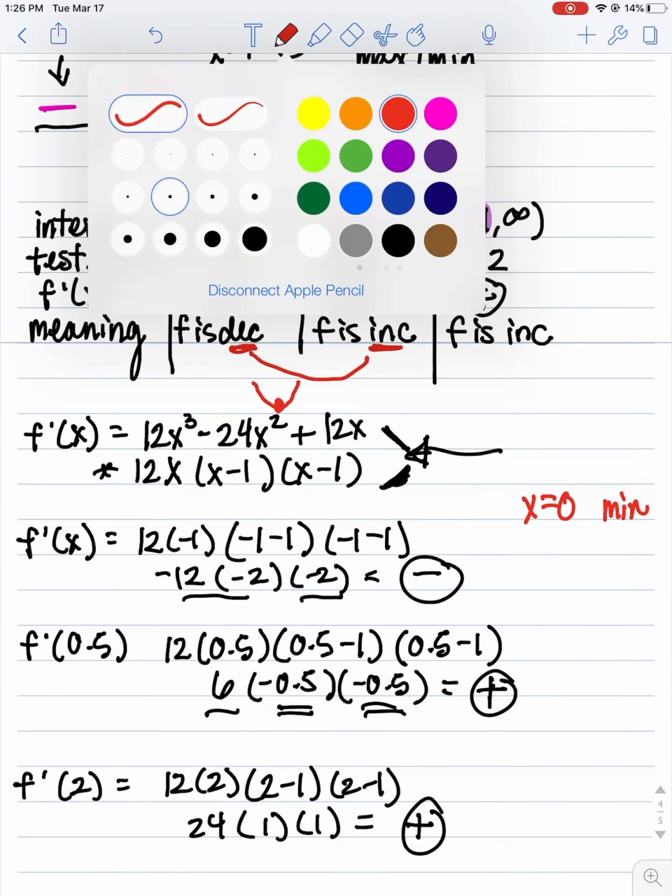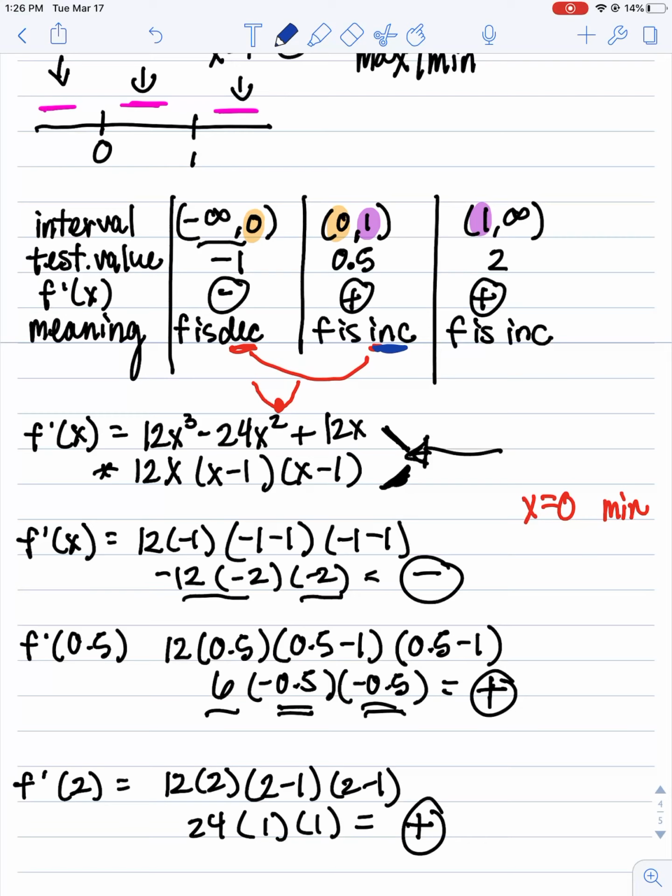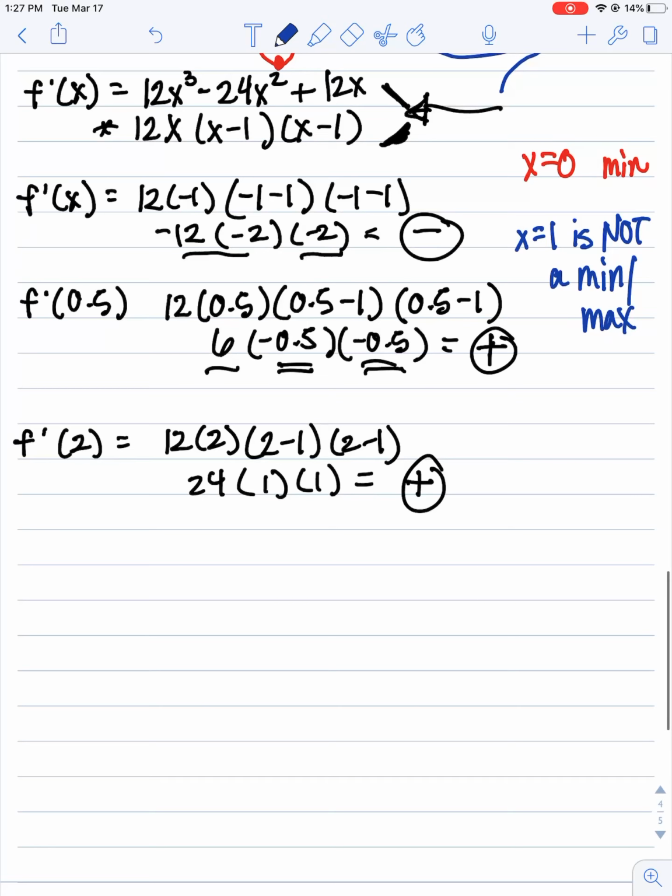At 1, however, guys, you were increasing and you continue to increase. So we're increasing and we're still increasing. So we don't have a minimum nor a maximum. So x equals 1 is not a min nor a max.